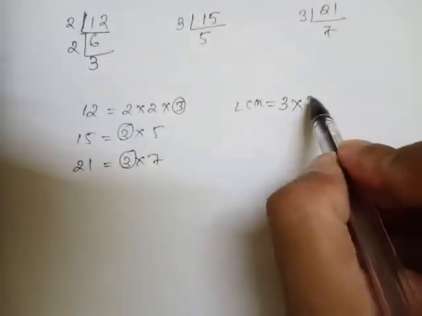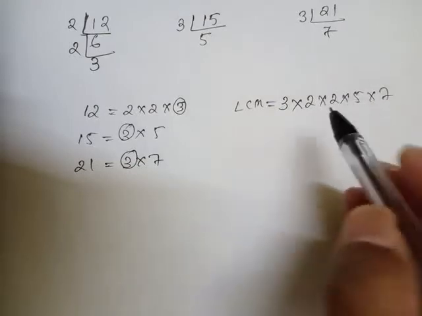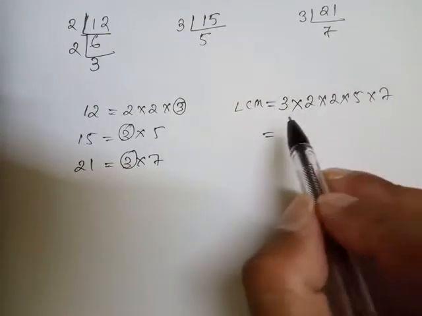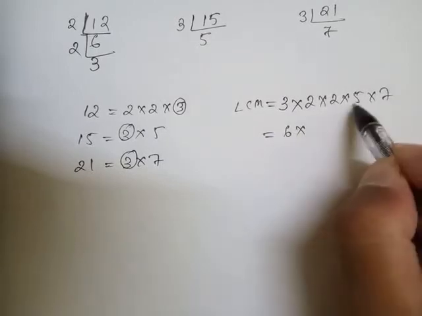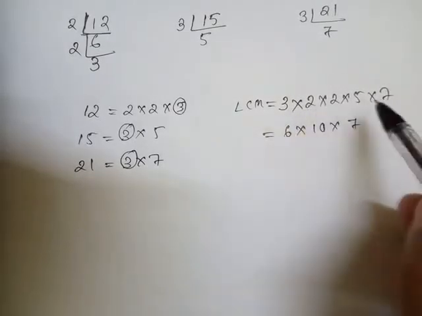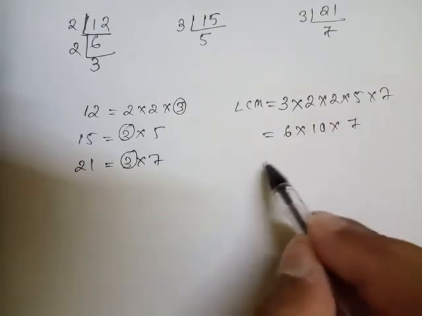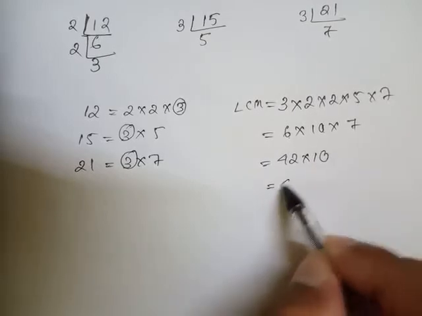So 2 into 2, then 5 into 7. Now just after that, look here, student, 3 into 2 is 6, and 5 into 7 is 35. 3 into 2 is 6, 6 into 7 how much? 42, into 10, which means 420.